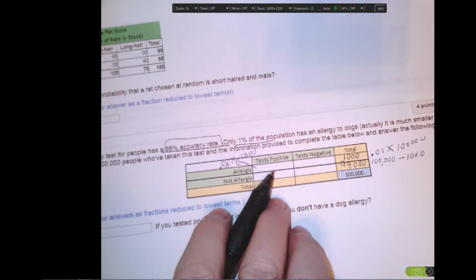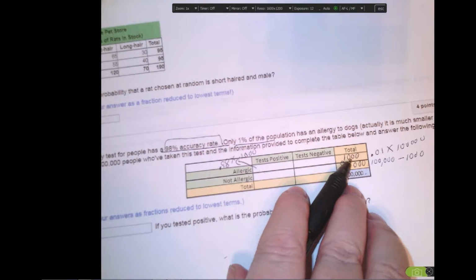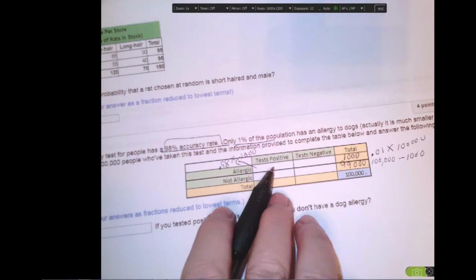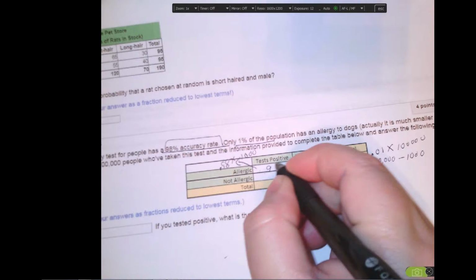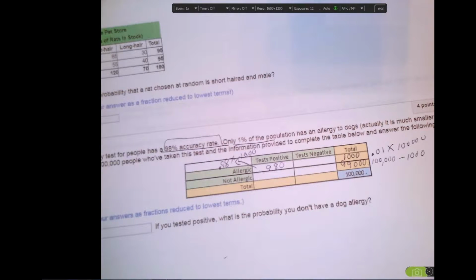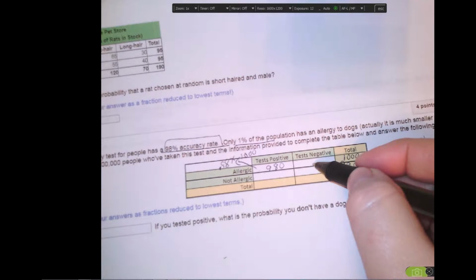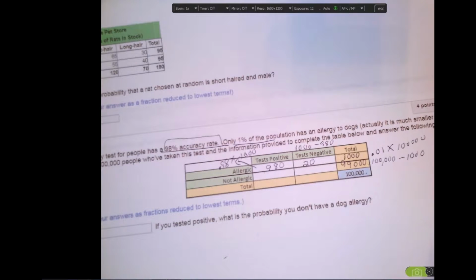And I know it goes in this column because if you actually have an allergy, to be accurate, your test should be positive. So 0.98 times 1,000 is 980. Now, you can do 0.02. I just usually subtract. If I know there's 1,000 and 980 test positive, that tells me 20 test negative.